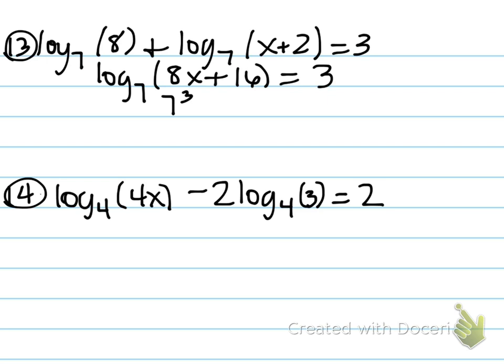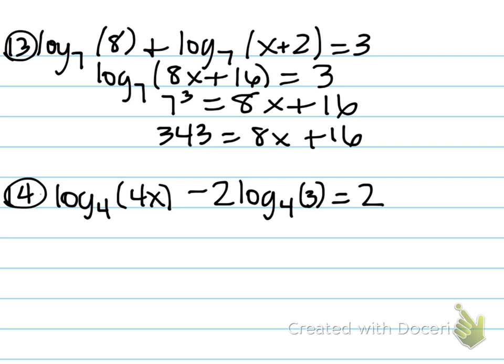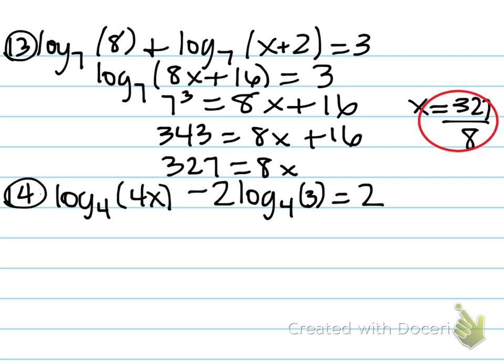So I'm going to do 7 cubed equals 8x plus 16. 7 cubed equals 343. I know y'all have your calculators, and you checked me on that, so way to go. And we get 327 equals 8x, so x equals 327 over 8. When I check that, I take it and plug it in here. It makes a positive argument, so it is an acceptable answer.